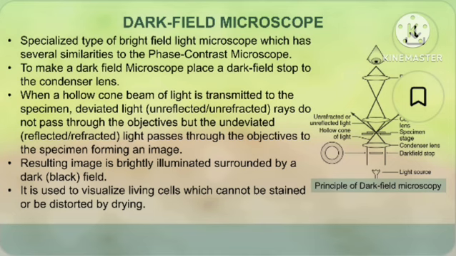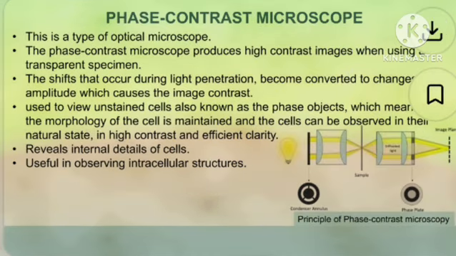And next slides, phase contrast microscope. It produces high contrast images when using transparent specimens. Its uses include studying microbial motility and structures of locomotion, identifying morphological characters of plant and animal cells and bacterial cells, and microbial elements such as bacterial endospores. You see the images produced by phase contrast microscope.